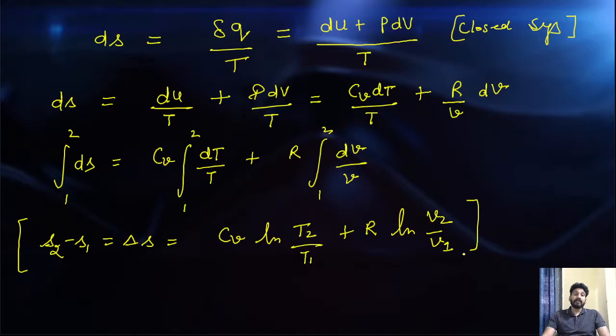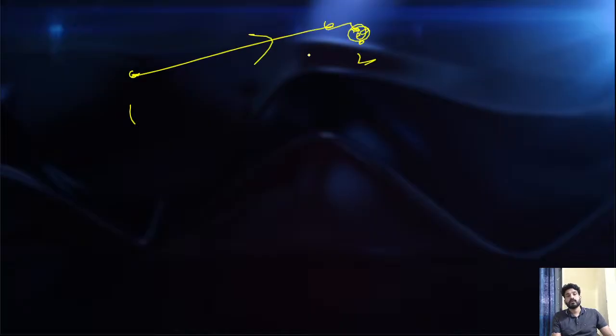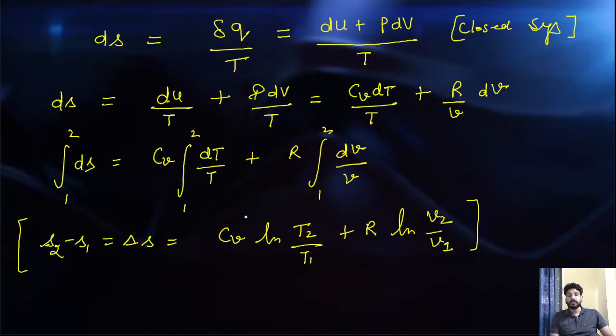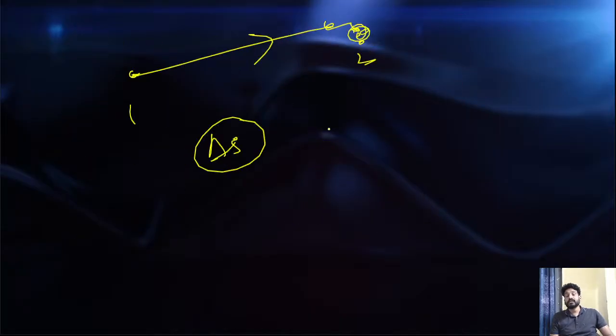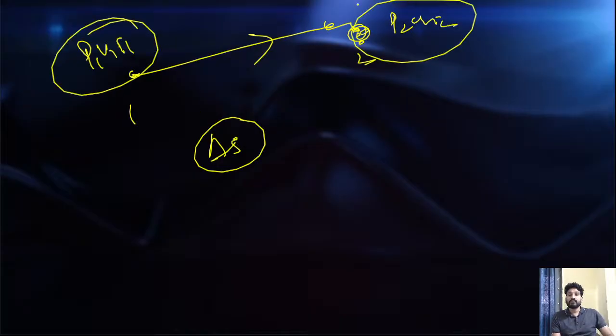So let's suppose you have any two states, 1 and 2, and the process is going from 1 to 2, and the question is asking about the entropy change when you use this formula. Make sure that in the question there should be data of Cv, T1, V1, T2, V2, right? The question can give you any data.